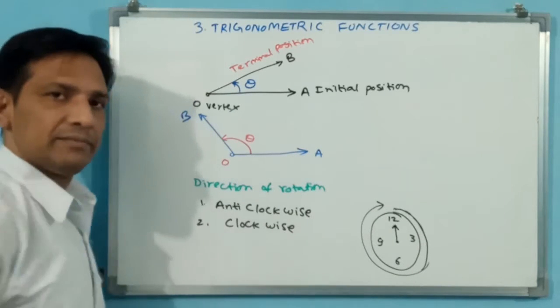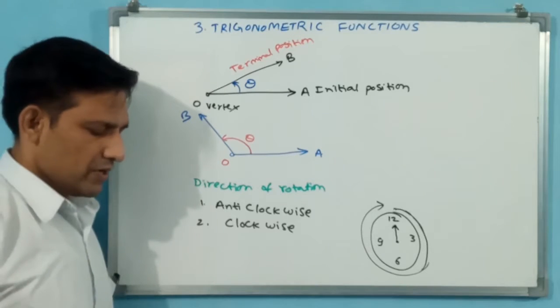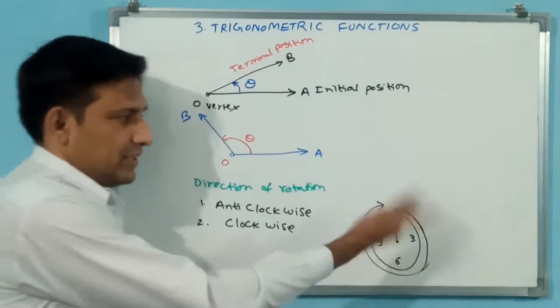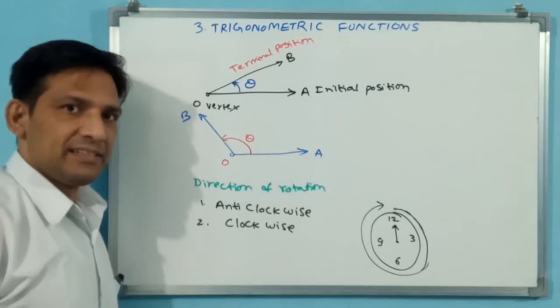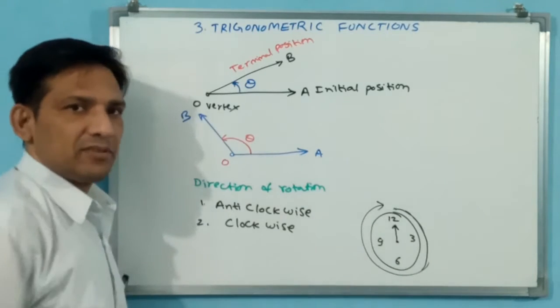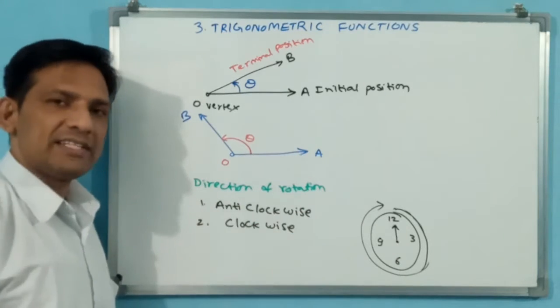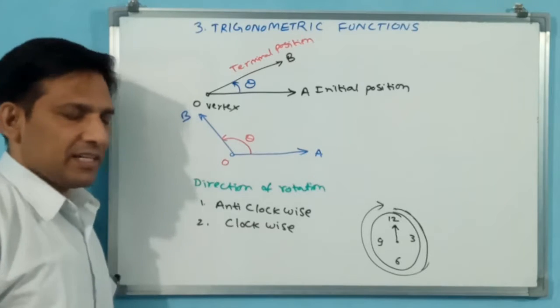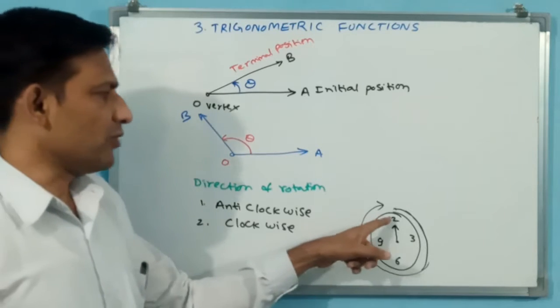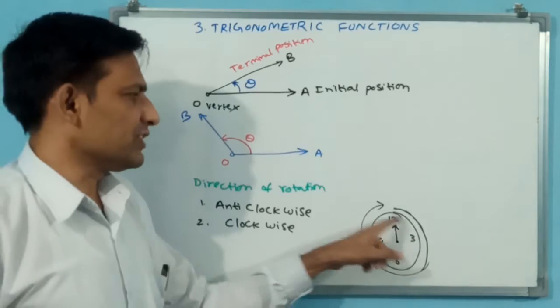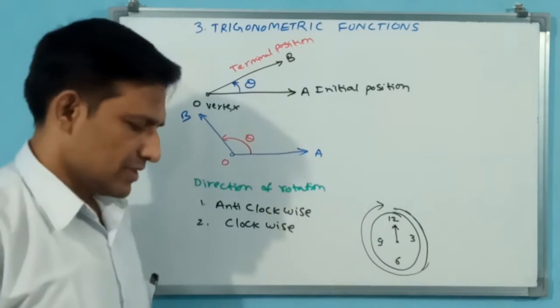This one, second one. Okay. If you rotate any ray or any angle in the opposite of clockwise, then that is going to be called anti-clockwise direction. In anti-clockwise, normally from 12 to 9, 9 to 6, 6 to 3, 3 to 12, it is going to come.